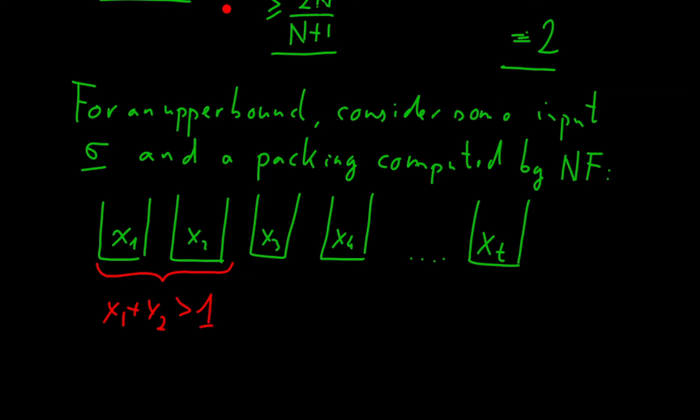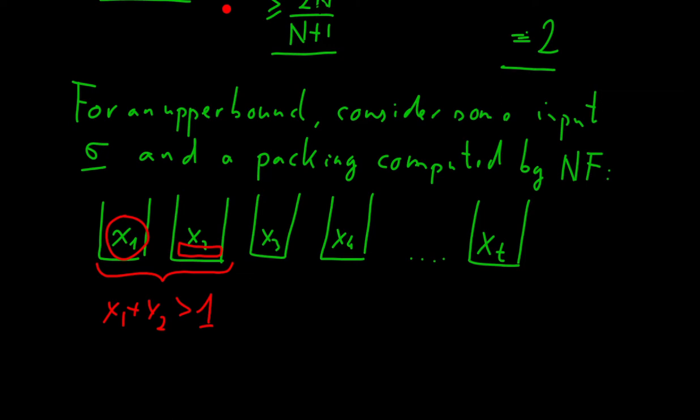We opened the second bin because an object arrived which did not fit into the first bin. Did not fit means that the total content of the first bin plus the size of the first object in the second bin is already larger than 1, which means that the total content of the first plus the total content of the second bin is more than 1.